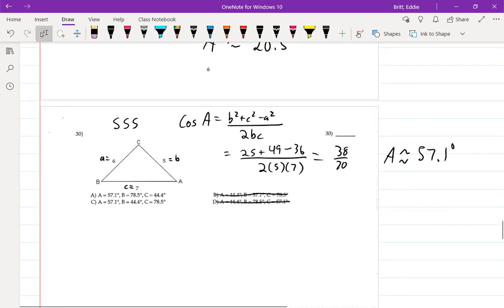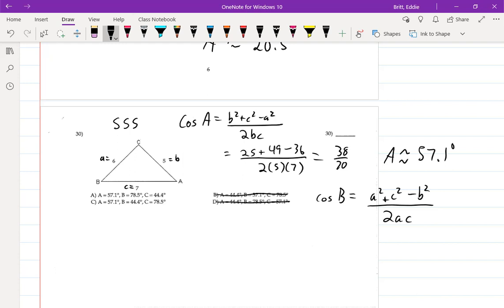All right, now let's solve for angle B. So cosine of angle B is going to be equal to A squared plus C squared minus B squared all over 2AC.